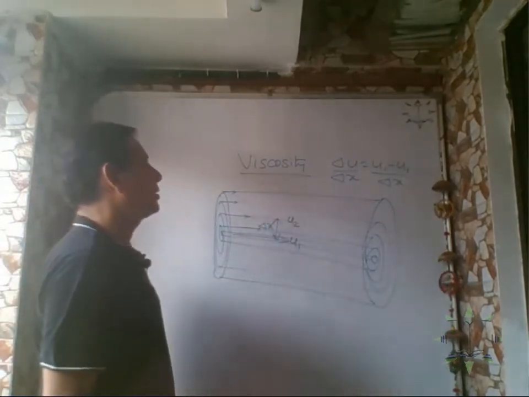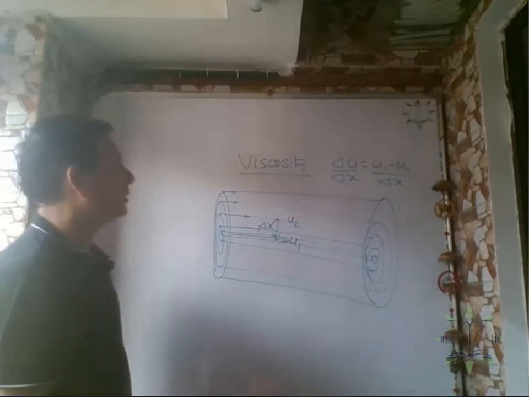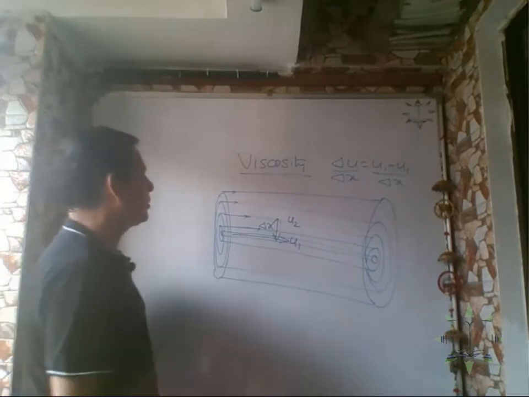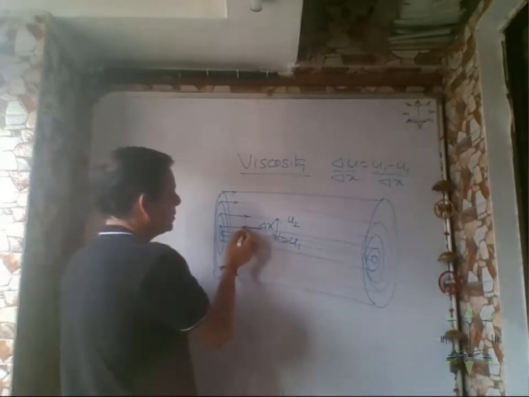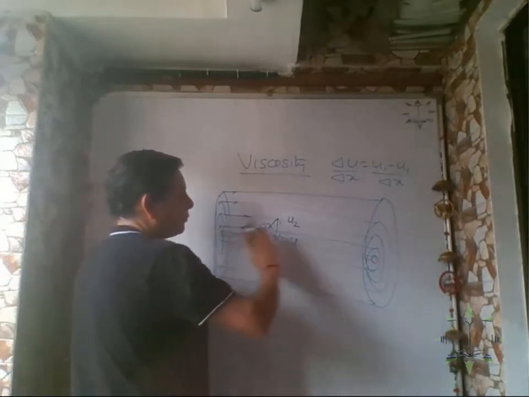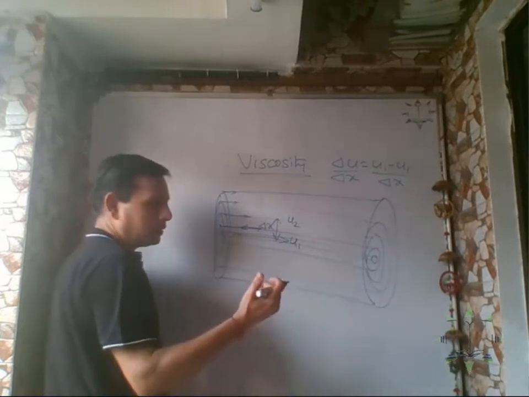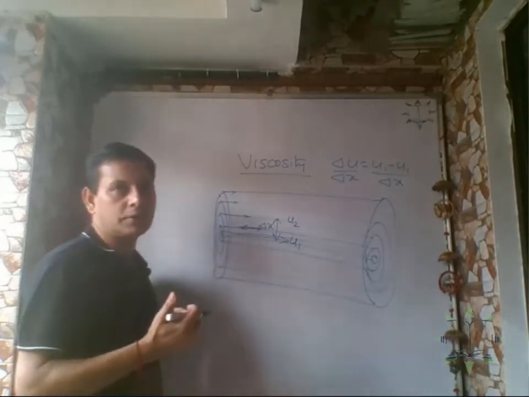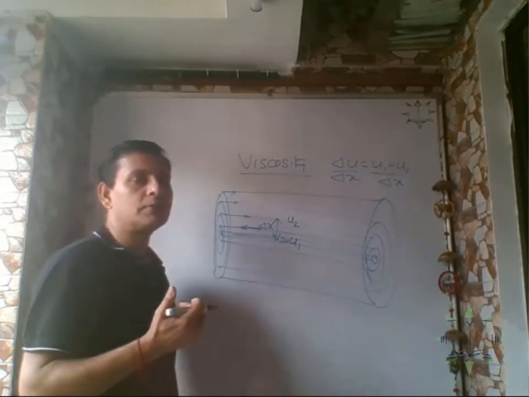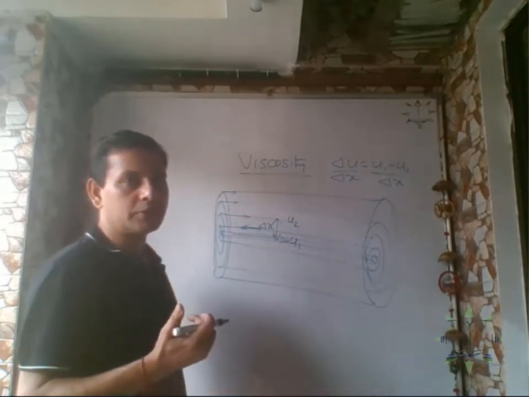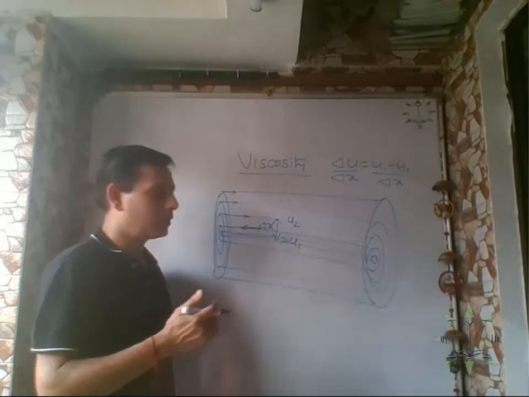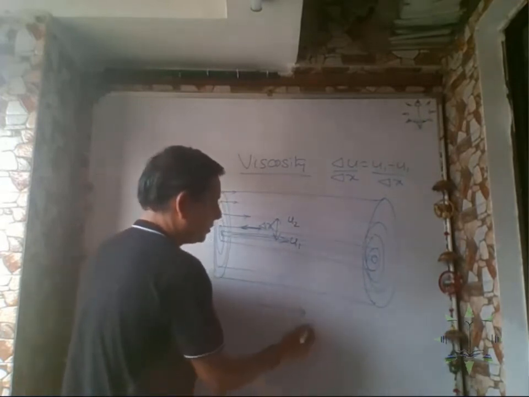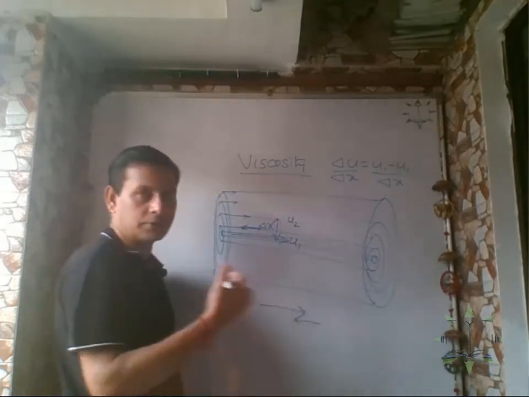Okay, so Newton said that when the liquid flows, the liquid experiences an internal frictional force, and frictional force is always in the opposite direction of motion. So if you go in this way, you will face a frictional force along this.